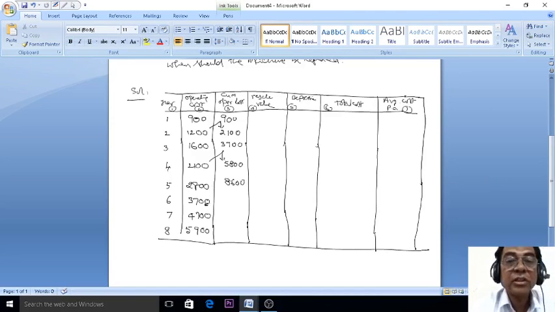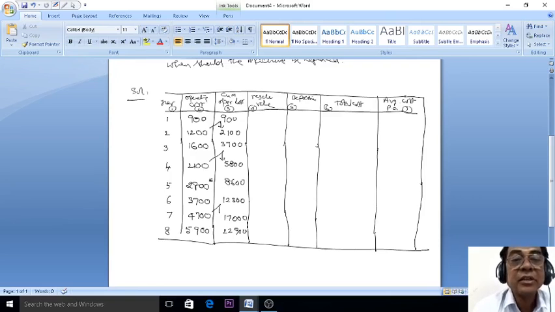And this is 12,300. And the next 17,000, because 12,300 plus add this, so that is equal to 17,000. 17,000 plus 5,900, so 22,900. Please add these two, write down here like this.